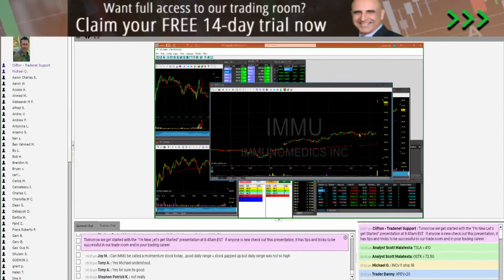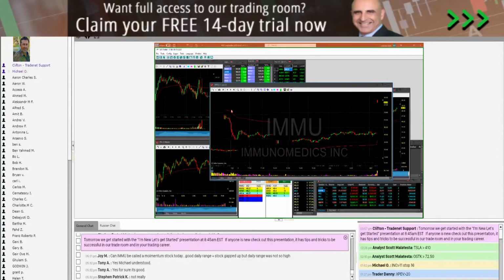Okay, let's take an average daily range. It's 40 to 42. So the daily range is twice as much, and the price is twice as much. There is a problem. And if you look at the intraday chart, basically the stock is moving lower for the first 30 minutes and then pretty much dies.